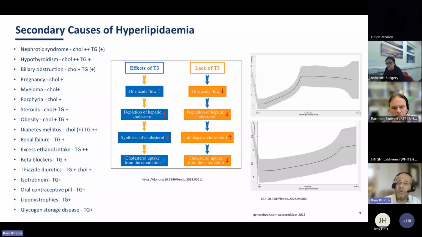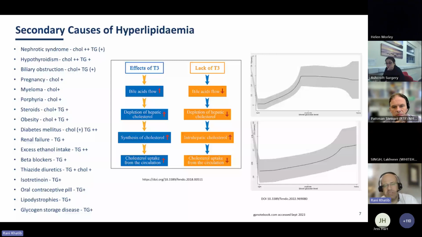And therefore the readings won't be a true reflection of what we are actually managing here, because if you correct their hypothyroidism, then their lipid profile will get better. So it's very important when you're assessing your patients for hyperlipidemia that you assess that the thyroid function is normal. They haven't got hypo or hyperthyroidism, because that could affect your lipid profile.